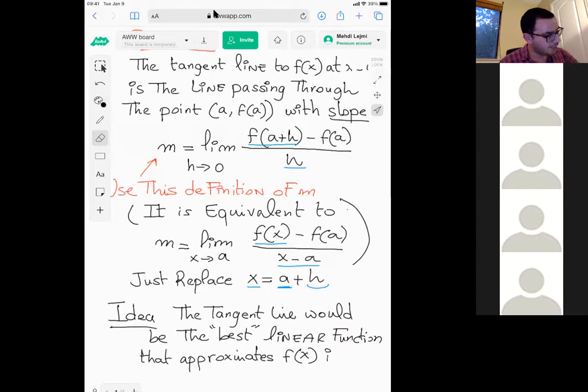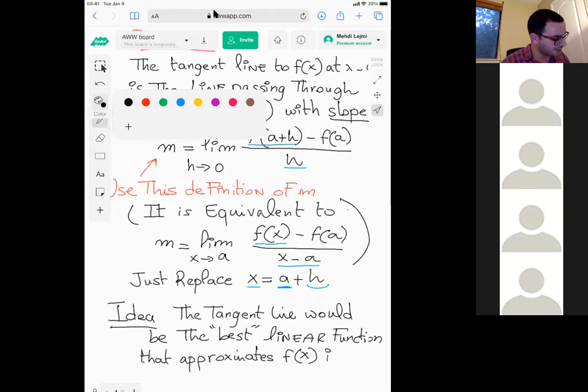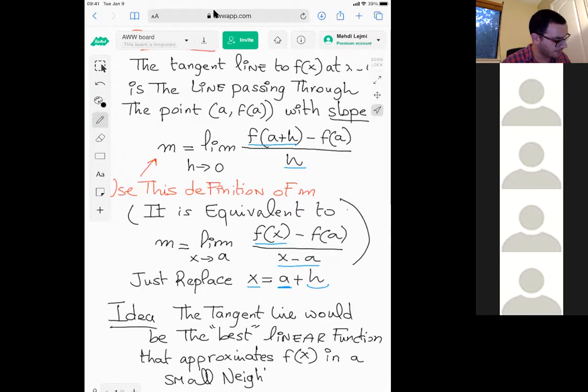I think last time I gave an example explaining why this is the best linear approximation of f, but I'm probably going to do more examples.